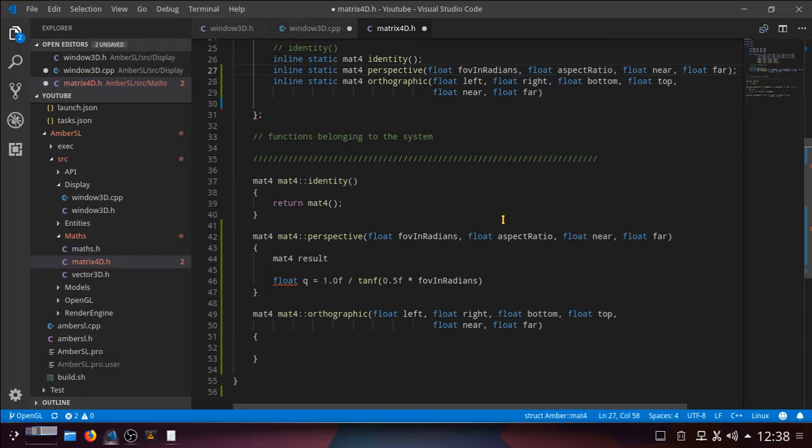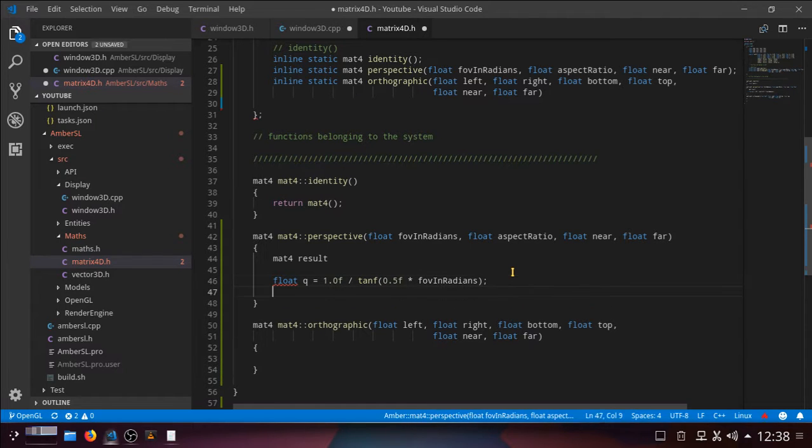So 1 over that gives us Q, that's right. That is a float, and that should be okay. Please, be okay. Yeah, you did. My bad. There we go. Everything's happy now.